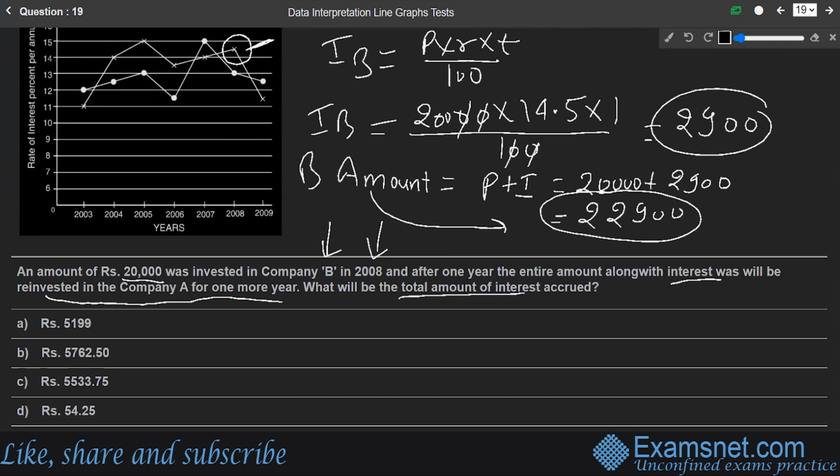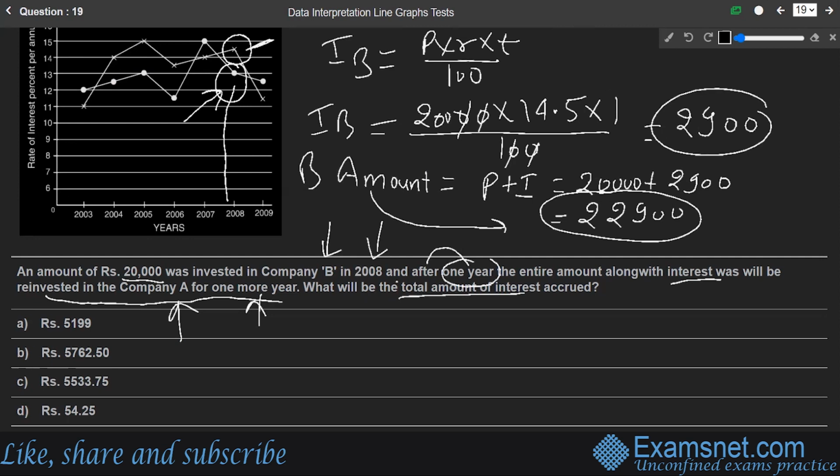Now this 22,900 has to be reinvested in company A for one more year. In 2008, how much was company A offering as a rate of interest? It was 13%. Okay, so the question is after 1 year.